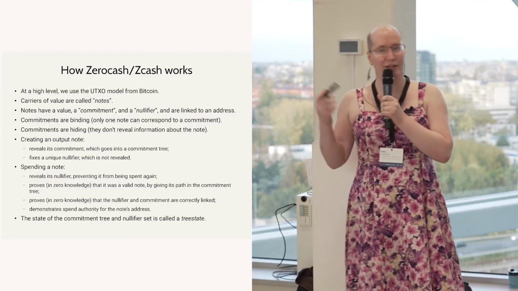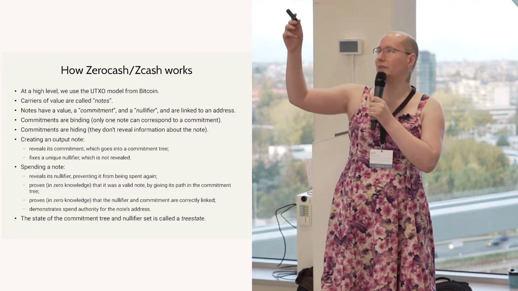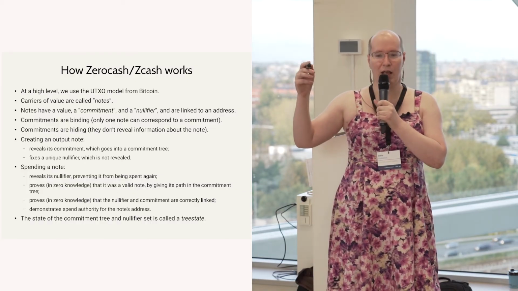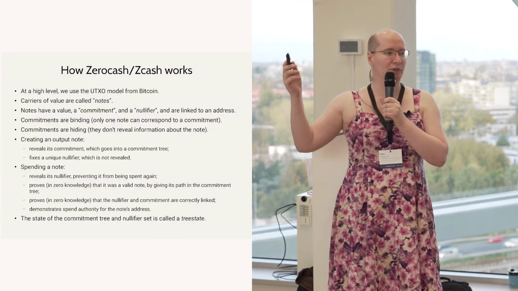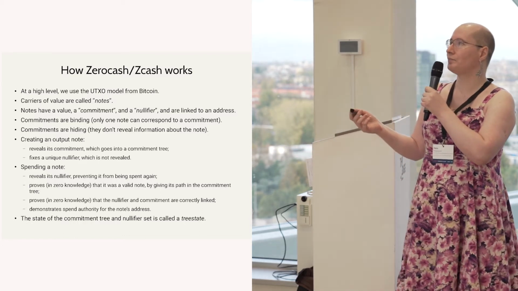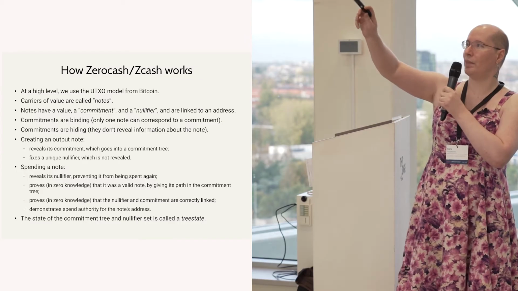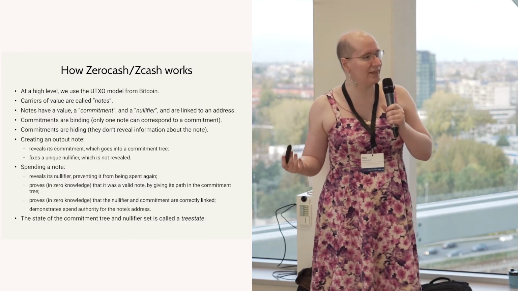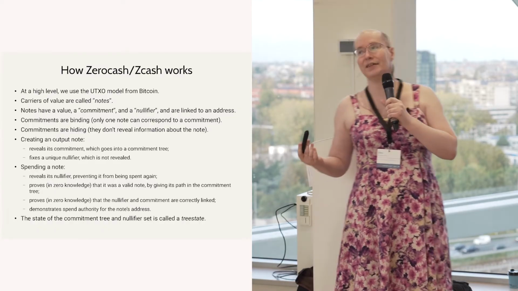They have a value, a commitment to that value, and something called a nullifier, which we're going to use to detect double spends. These are binding and hiding commitments. I'm going to assume that this audience knows what a commitment scheme is.